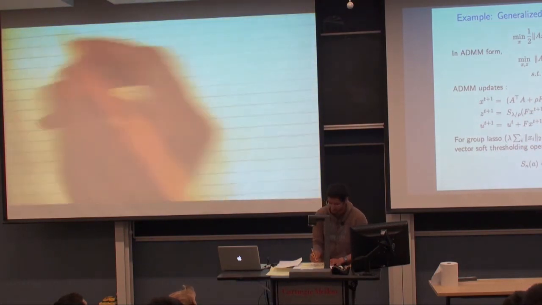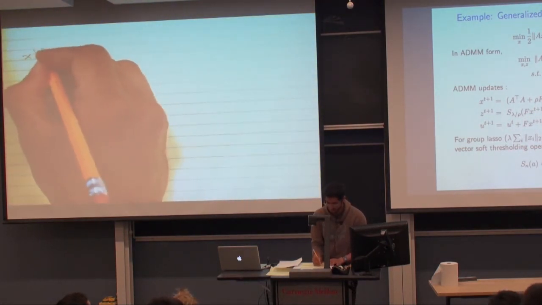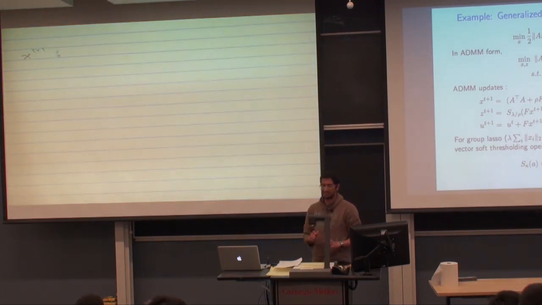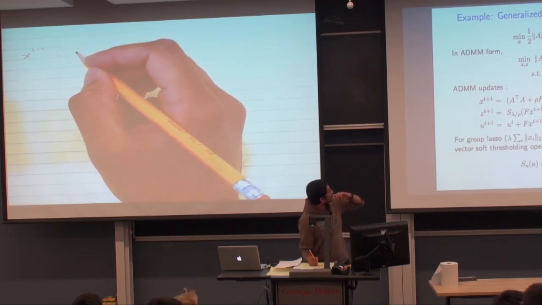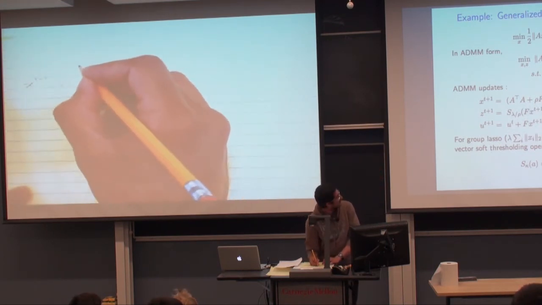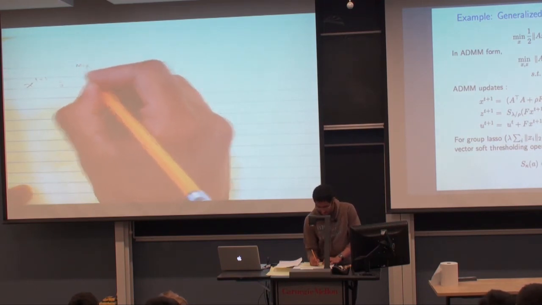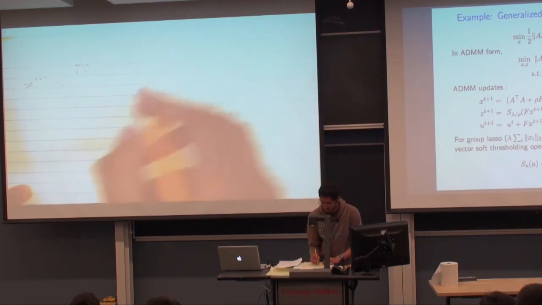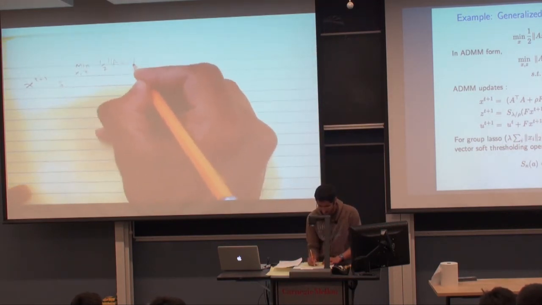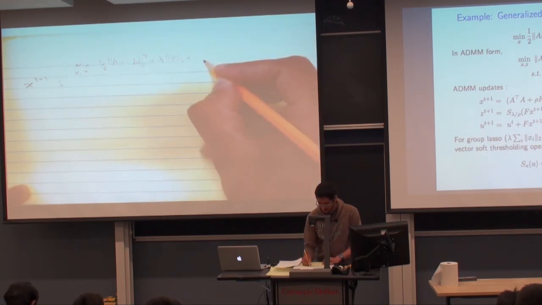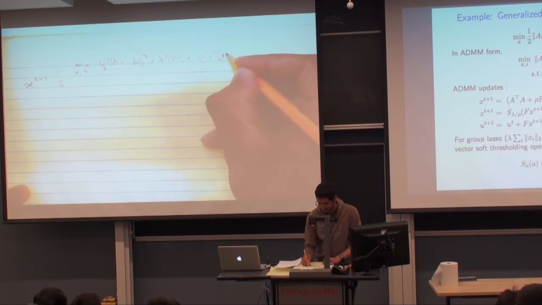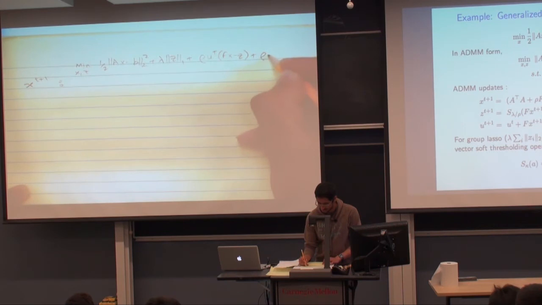Okay, so that's visible. If you look at the update for x^{t+1}, it's going to be: fix z, fix u, and minimize with respect to x, right? So if you look at the problem up there, maybe I should just write what the Lagrangian looks like. It's minimize over x and z of half the norm of Ax minus b, the whole 2 norm squared, plus lambda times the 1 norm of z, plus, I'll explain myself, rho by 2 times the norm of Fx minus z, the whole squared.